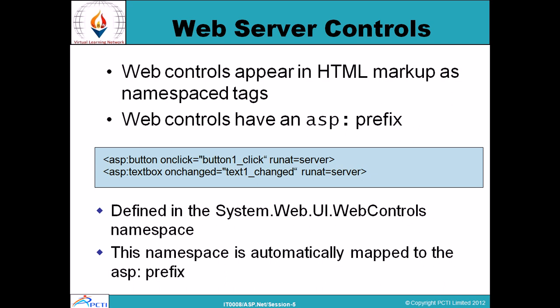Web server controls appear in HTML markup as namespace tags. Normal HTML tags are treated as namespace tags in the web server controls. Web controls have an asp: prefix. For example, <asp:Button OnClick="Button1_Click" runat="server">, and <asp:TextBox OnTextChanged="Text1_Changed" runat="server">. This is the coding that is supported when we make use of the different web controls.